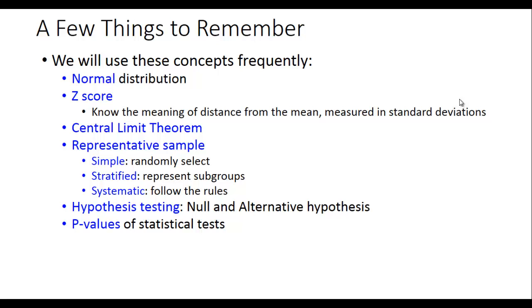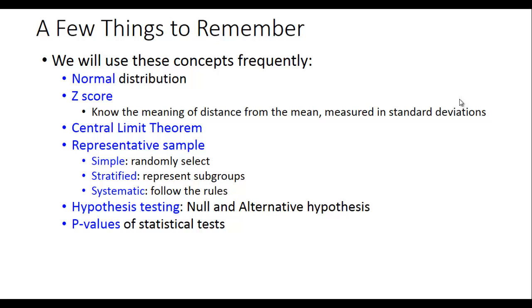What is a representative sample? Samples taken for any study should be representative of the population. We have a simple sample, which is randomly selected with no prior plan. We can have a stratified sample, which represents subgroups within the population.